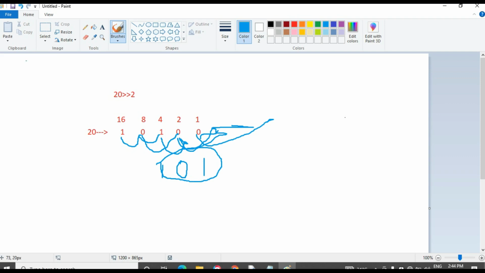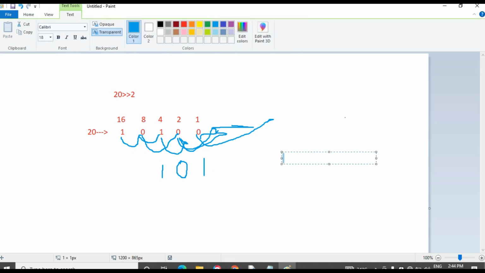So we should care about the 1s. That means 16, 8, 4, 2, 1.